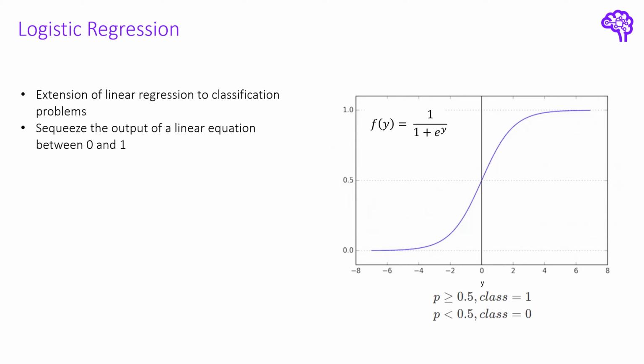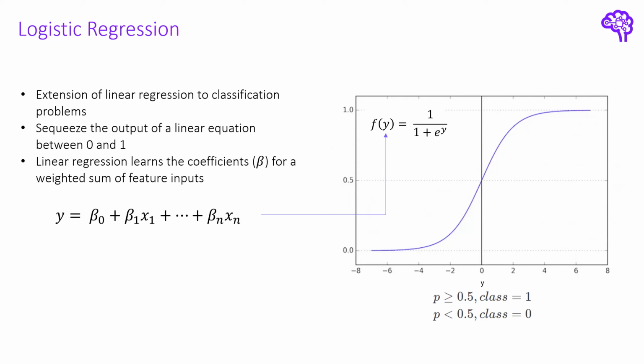Using these probabilities, we can, for a binary classification, assign the class 0 or 1 depending on the output value. So under the hood, we use the same concept here as for linear regression, and that means we get the output as a weighted sum of input variables. And these betas here are learned during the optimization of our model, which simply means we adjust them to minimize the loss function.